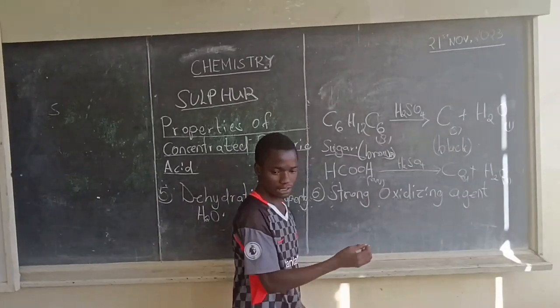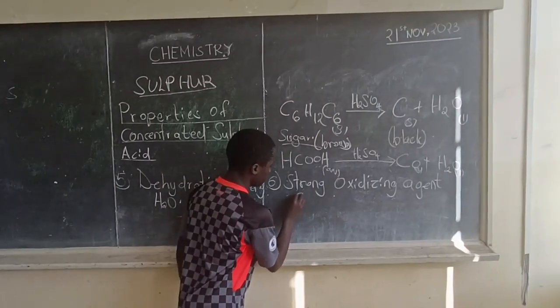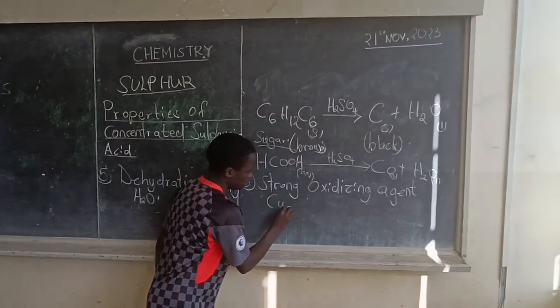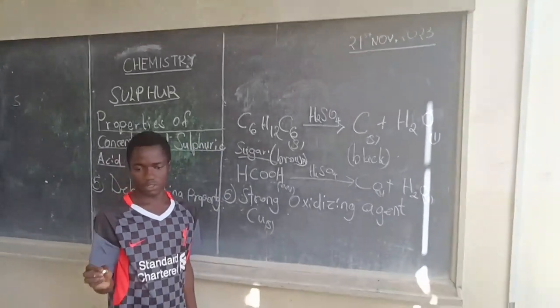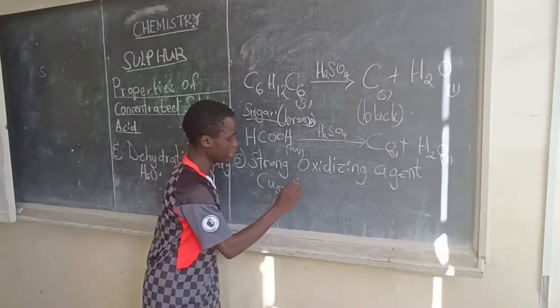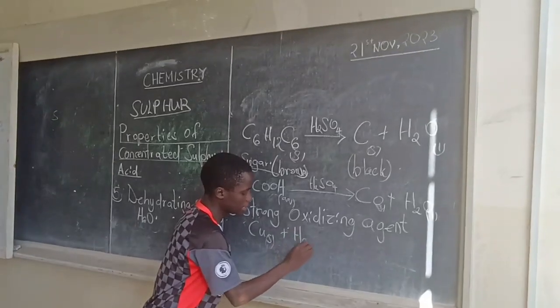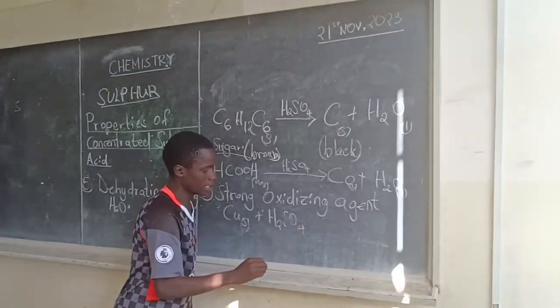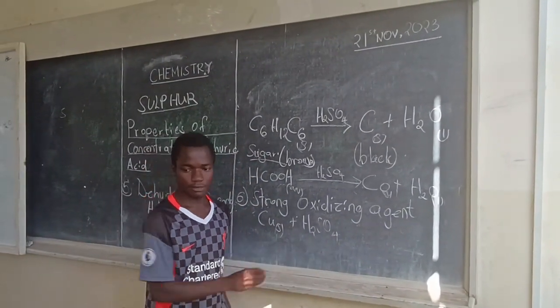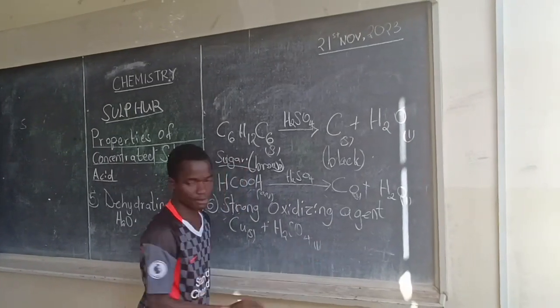Now, we can have an equation. You can write this one. We have copper, which is solid, and concentrated sulfuric acid. If it's concentrated, the state symbol is liquid. Remember that one?